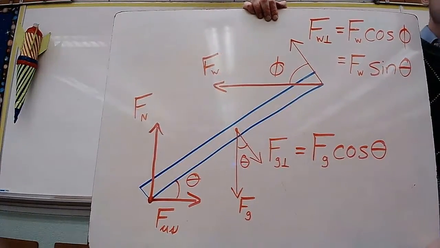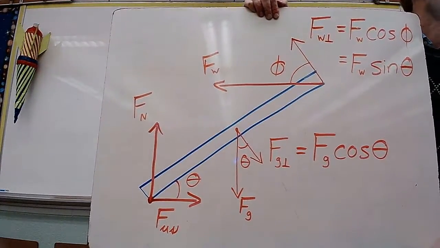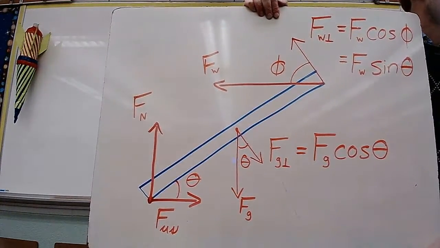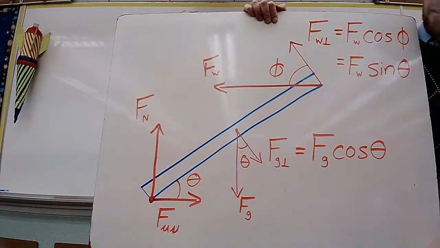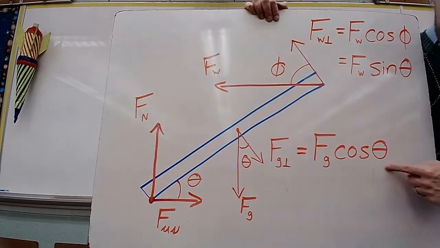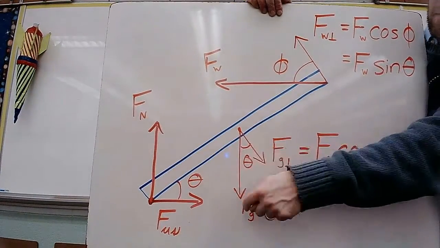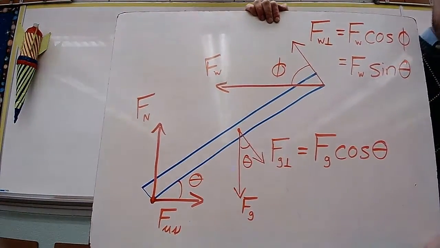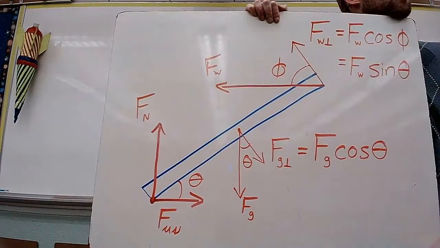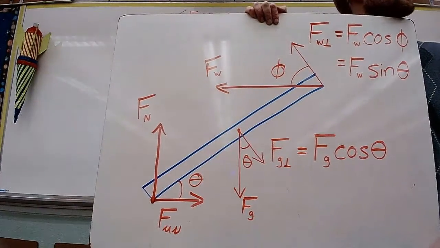And because it's the adjacent side, we got to use a cosine function for that. Just like on sine functions, we use the opposite side. And so that's where the cosine comes from, Fg cosine theta. That's the adjacent side of your hypotenuse, and that's the portion that's acting perpendicular. Other questions?